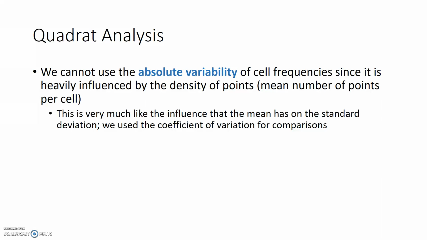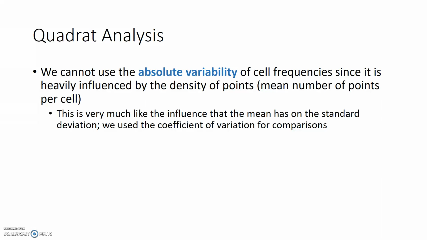Back then we used the coefficient of variation so we could make comparisons from scenario to scenario, because we might have wildly different means, and those means are going to give different standard deviations and not allow us to compare between different areas where we might have different ranges of values but might want to compare. In the same way, absolute variability is holding us back from making those comparisons, because the frequencies are going to play a big role.